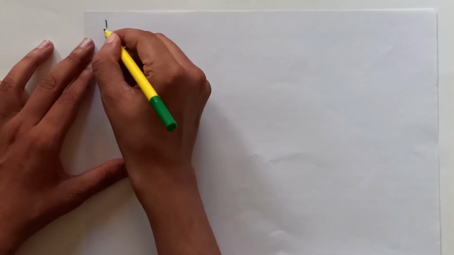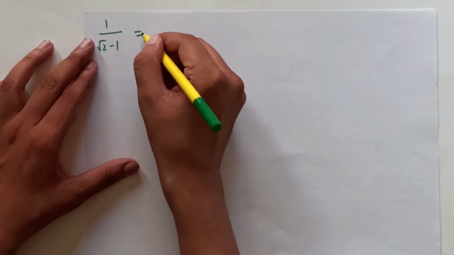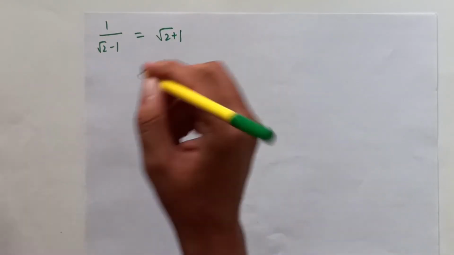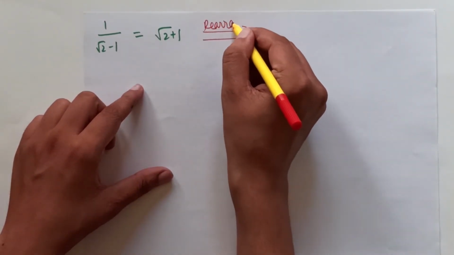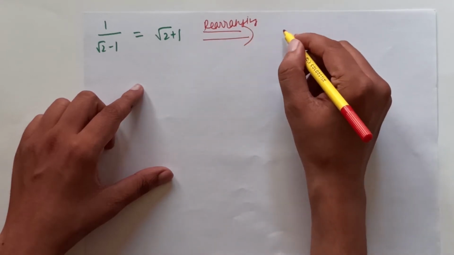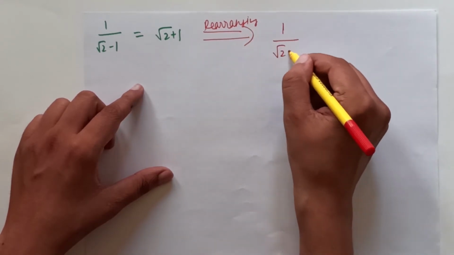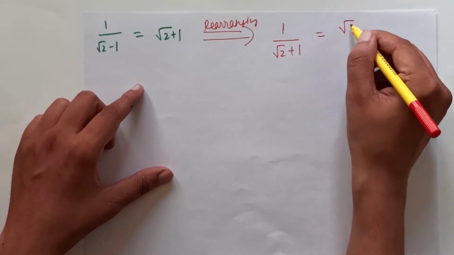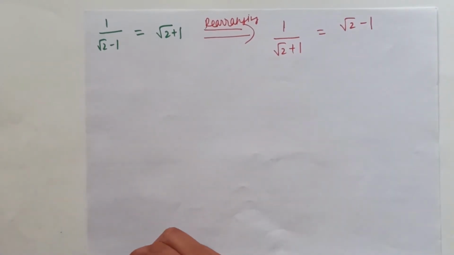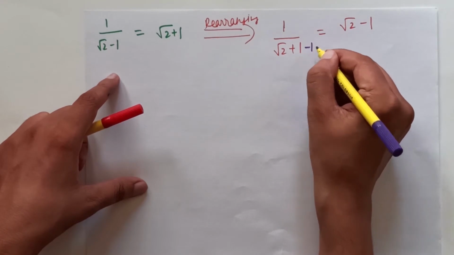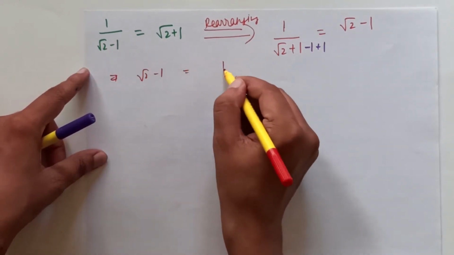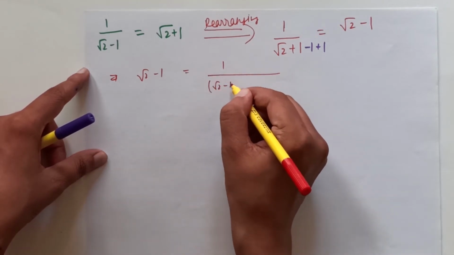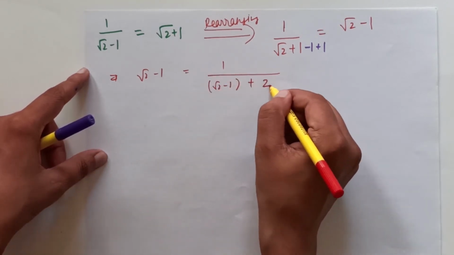Now in the previous expression we had 1 over root 2 minus 1 is equal to root 2 plus 1. Rearranging this, we will get 1 over root 2 plus 1 is equal to root 2 minus 1. Adding and subtracting 1 here, we will get root 2 minus 1 is equal to 1 over root 2 minus 1 plus 2.